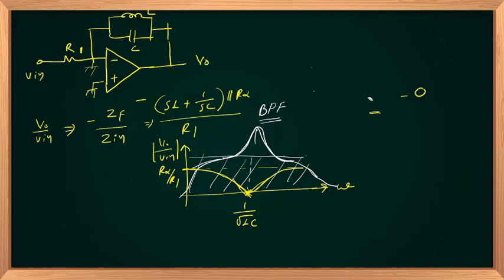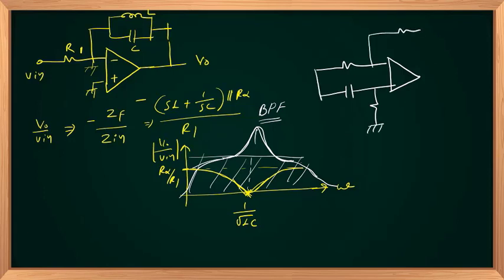Let us take another circuit in which an Opamp and resistors are involved. Equal resistors R are here, a capacitor C here, R here, and this is my V in, applied to both inputs, negative and positive.